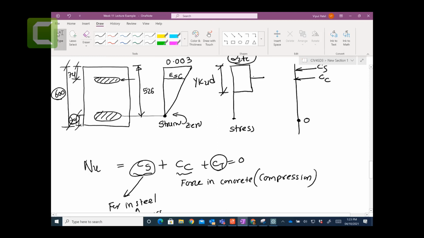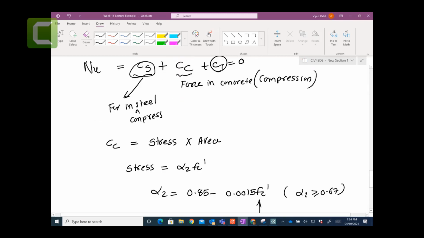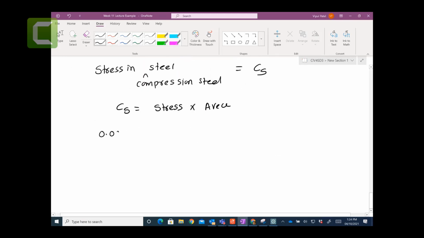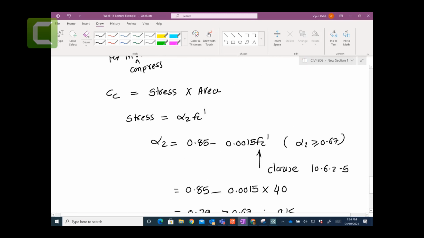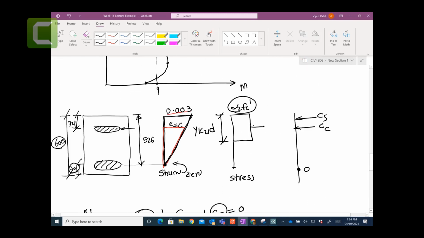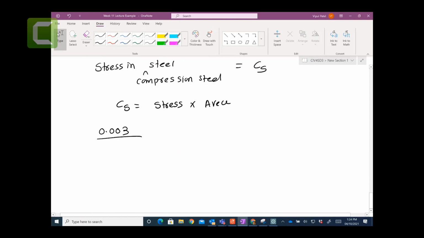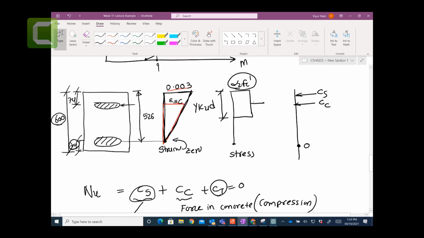So you can see similar triangles. This is one triangle that I can take, and there is another triangle, this one, and because they have the same angles, we can take a ratio. So let's talk about this first: 0.003 divided by this whole length, 526. This is the triangle with 0.003 and 526. There is another triangle, the red one.